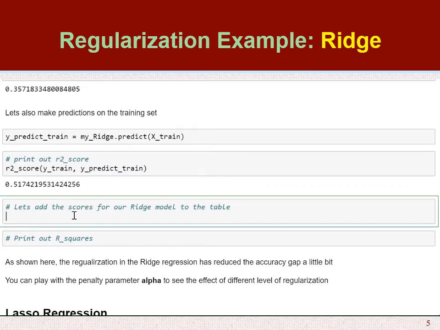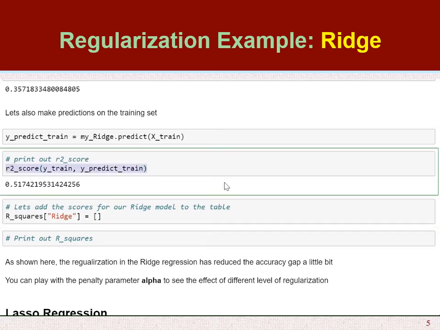All right, so now let's keep track of our R squared score values. Let's add the R squared scores for the ridge model to the table that we had. So I'm going to call the R squares and add the ridge model, ridge, and then I'm going to give it the R squared values that I had.